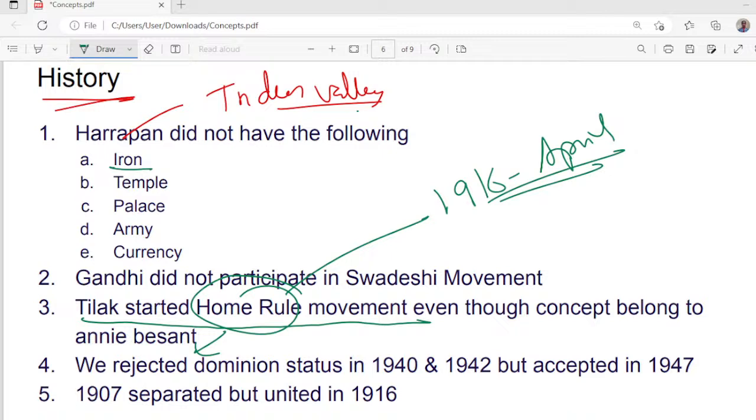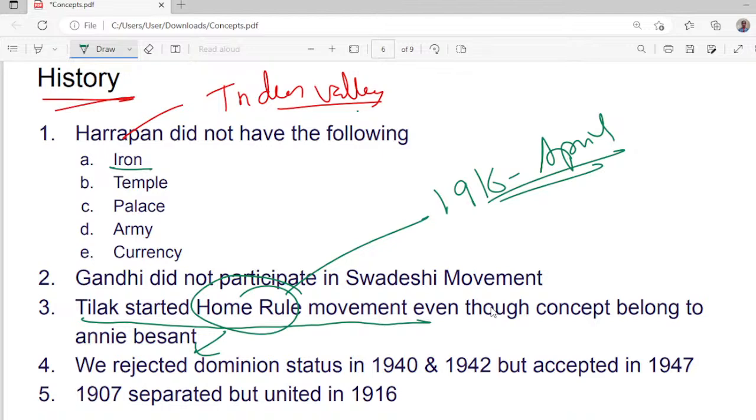So she introduced a concept in India saying that in India we'll have a freedom, not like that of the British, but like that of Ireland. But she was asking Congress to start this, but Congress did not start.